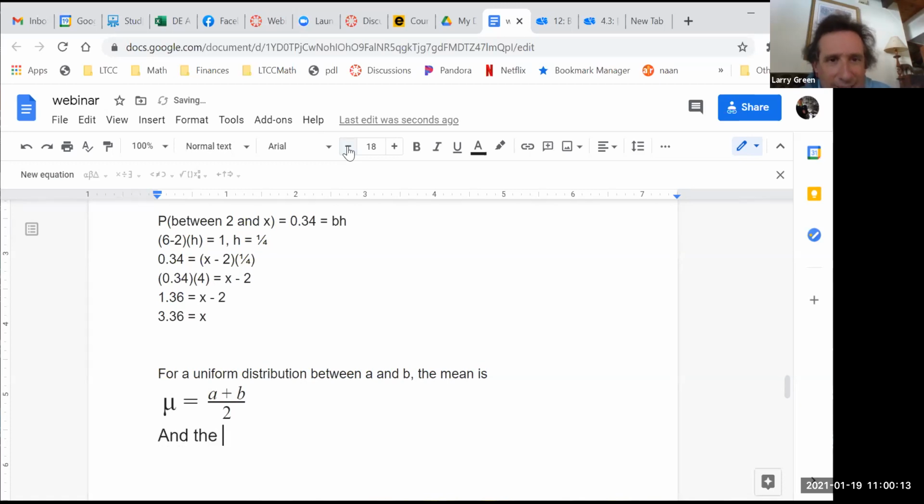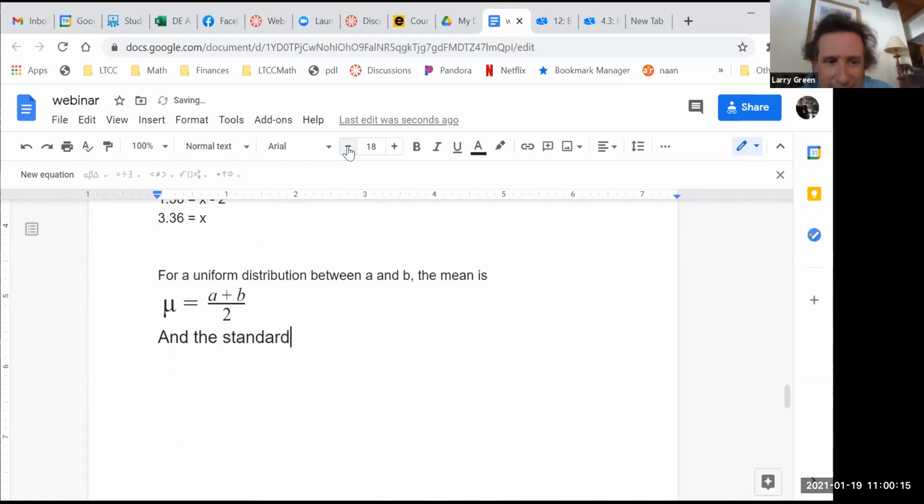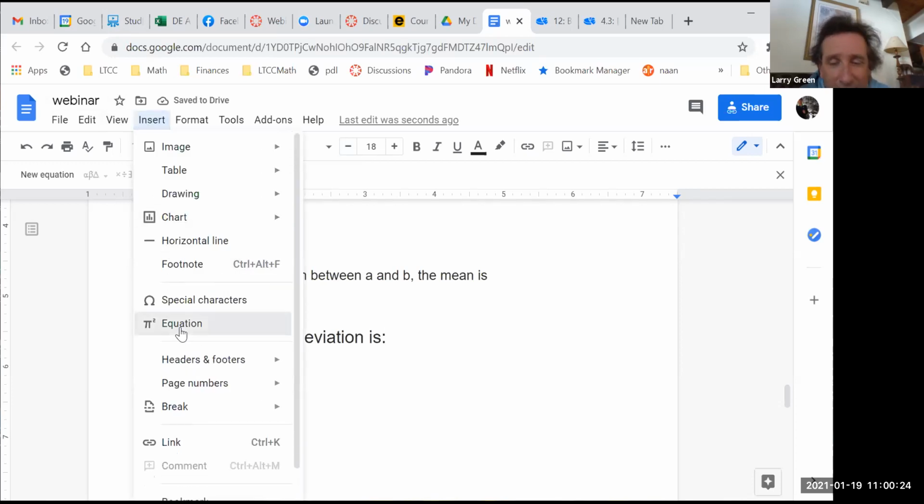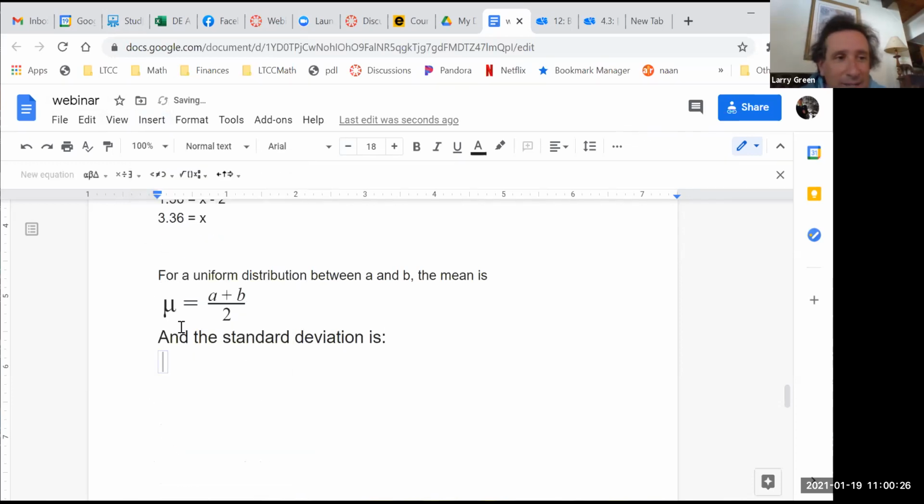And the standard deviation is, and now the mean kind of makes sense. Take the average, that gives you the mean. I will guarantee that none of you would come up with the standard deviation formula if I asked.